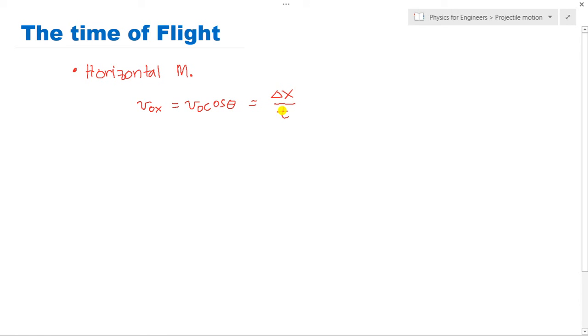So since time of flight tayo, therefore time to get the maximum displacement or maximum range, o yung R natin. So I put here TR. So rearranging we have TR is equal to delta x all over Vo cosine of theta, or this is equal to our range R all over V naught cosine of theta.